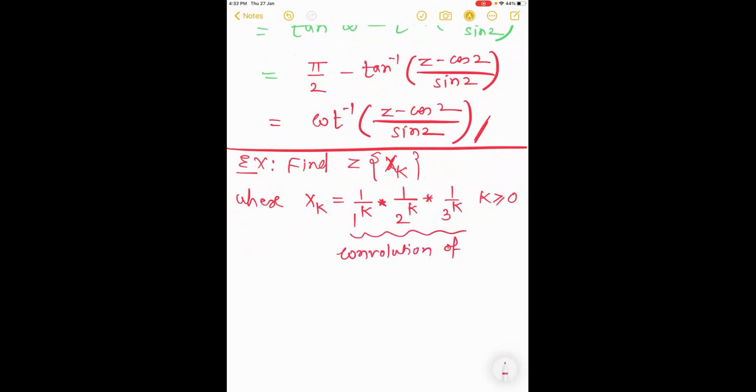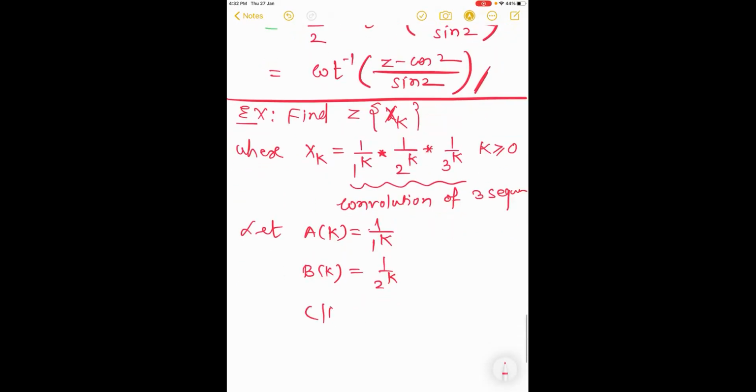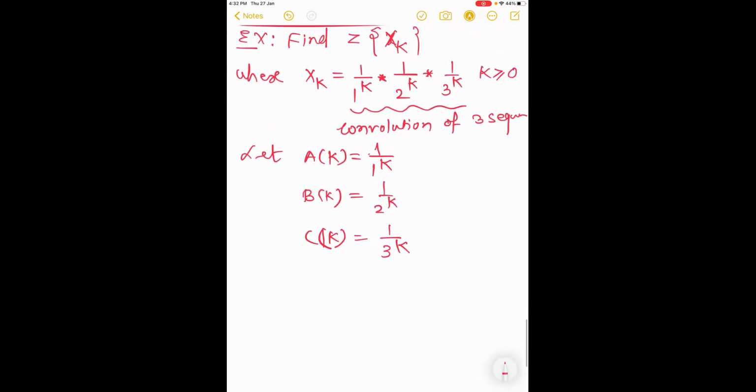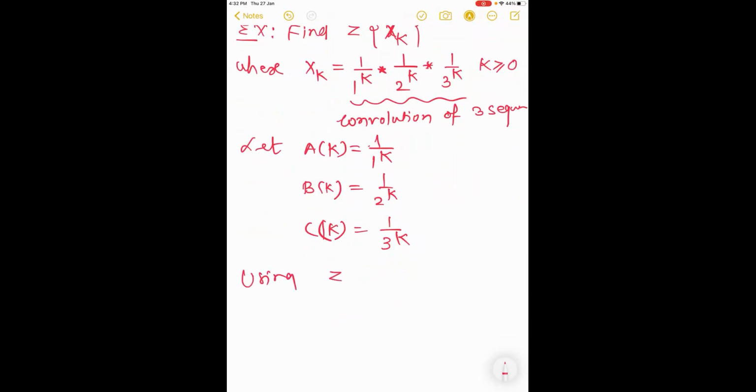So let us take one sequence as a of k equal to 1 upon 1 raised to k, b of k equal to 1 upon 2 raised to k, and c of k equal to 1 upon 3 raised to k, whose separate answers you know for the transformation. So 1 upon 1 raised to k means 1 by 1 raised to k, an a raised to k transform, using the transform answer for a raised to k with k greater than or equal to 0.